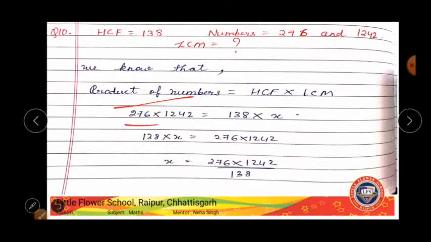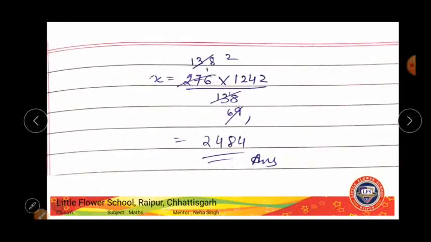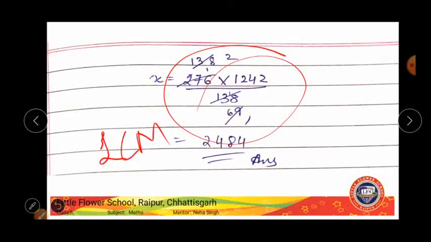Product of two numbers equals HCF, which is 138, into LCM. So when we take this and divide it here, we can get the value of x: 276 into 1242 upon 138. After cancelling we can get the value of x, that is the value of LCM, right?